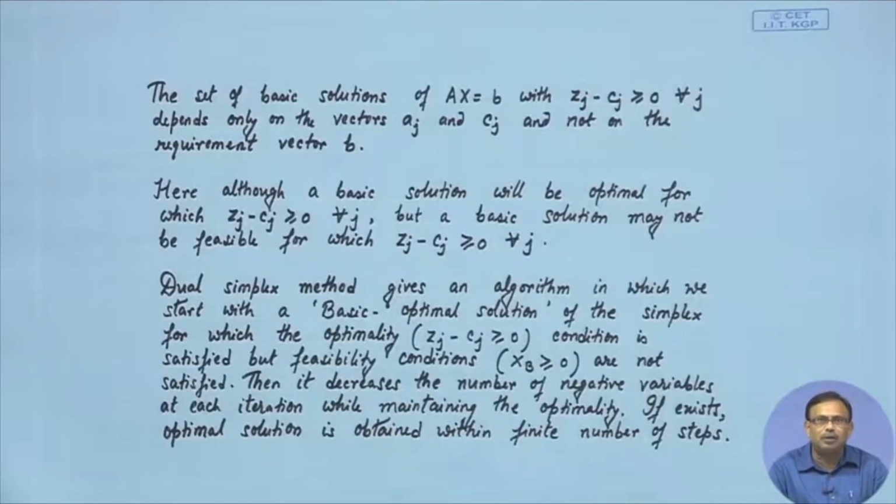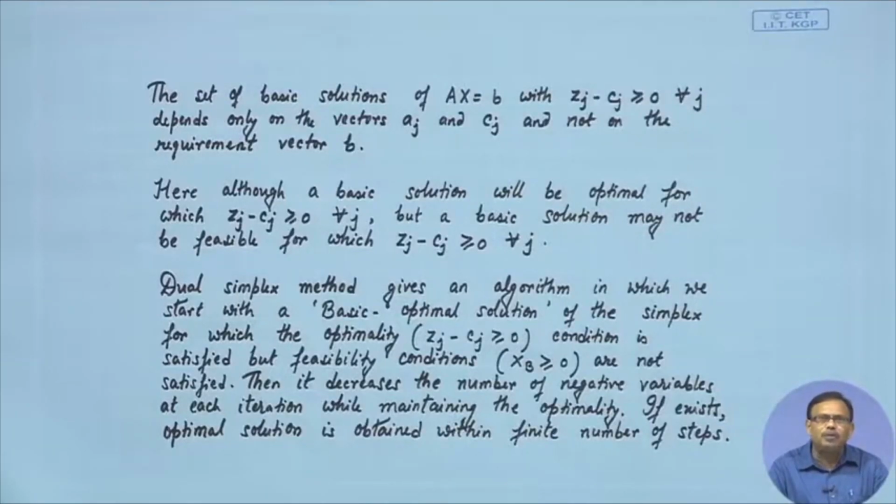For this reason we say that a basic solution may not be feasible, but z j minus c j may be greater than equals 0 for all j. Whereas, if you remember, in the normal simplex case the basic solution is always feasible, that is x b is always greater than equals 0, which we ensure, and we check the optimality condition there. So in dual simplex it is the opposite.